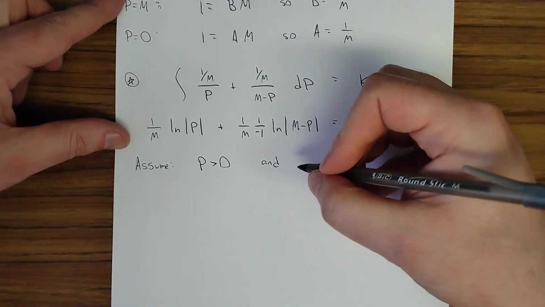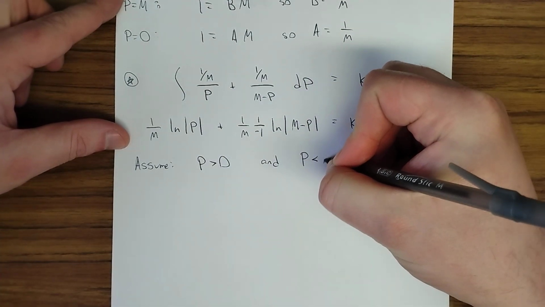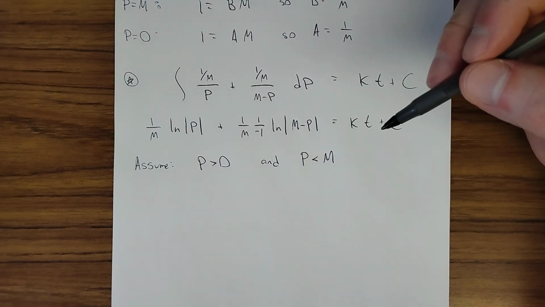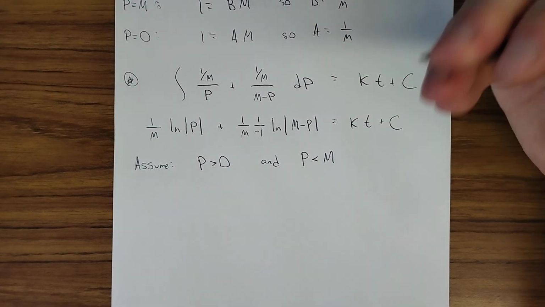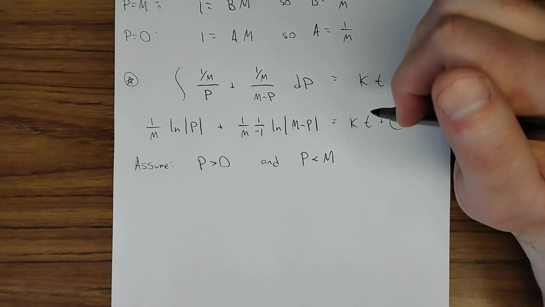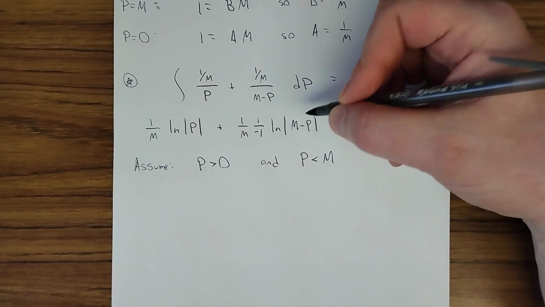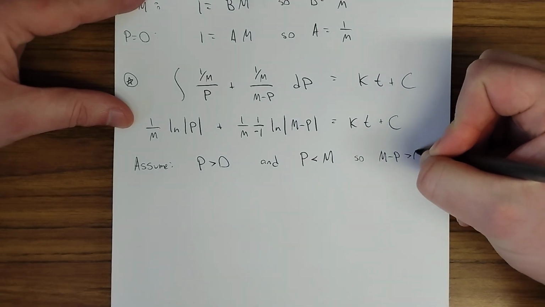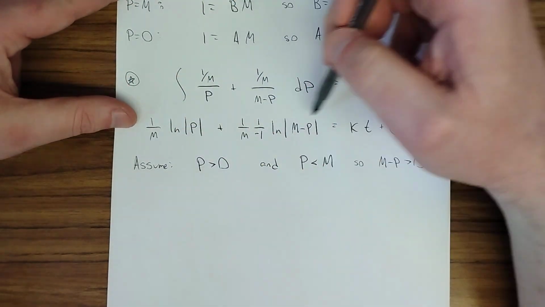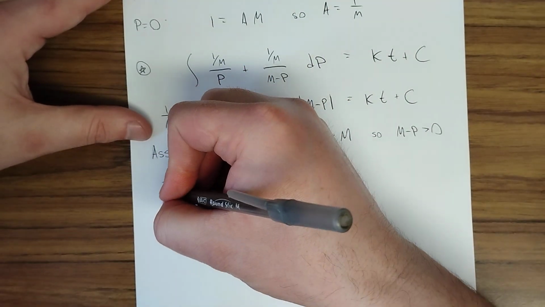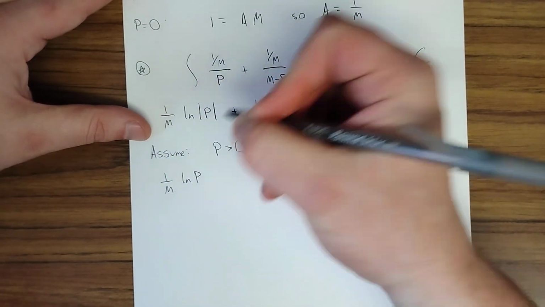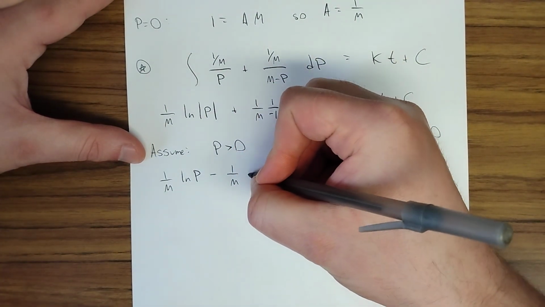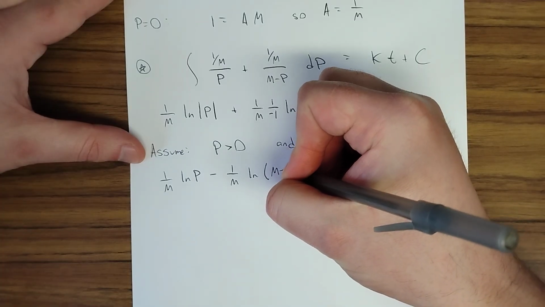Also, m minus p, as we sort of talked about, m is like the maximum capacity, and we're going to talk about the situation where the population is less than the maximum capacity. In other words, m minus p is positive. So let me rewrite this. 1 over m natural log p, because these absolute values don't do anything, minus 1 over m natural log m minus p.